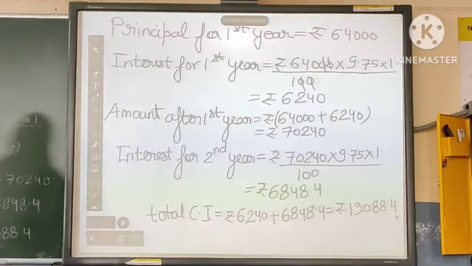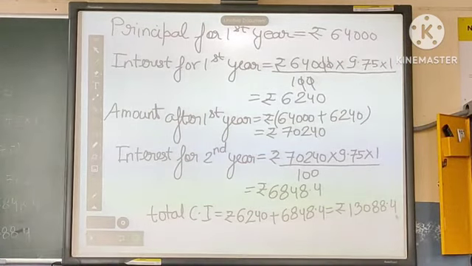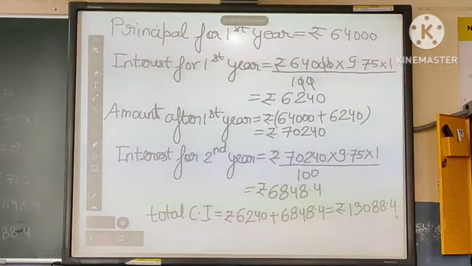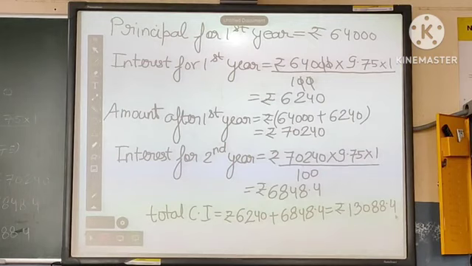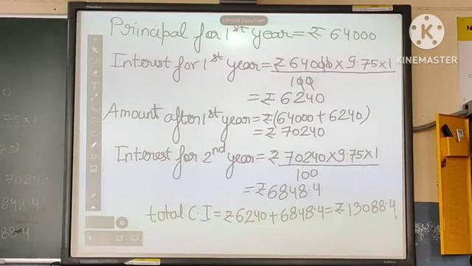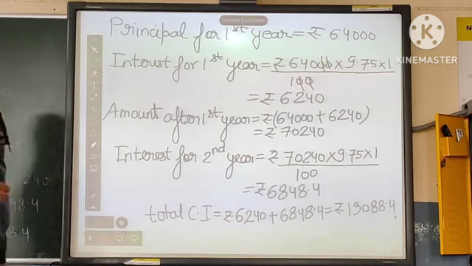Now if you see the initial part of the question, what is the simple interest earned? As you could see, simple interest earned was 12,800. Okay, almost this much.